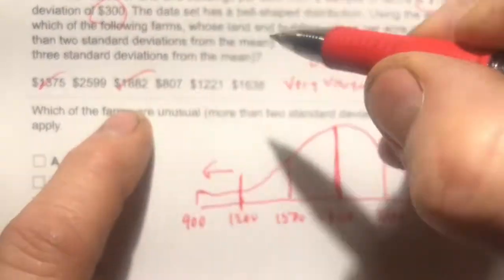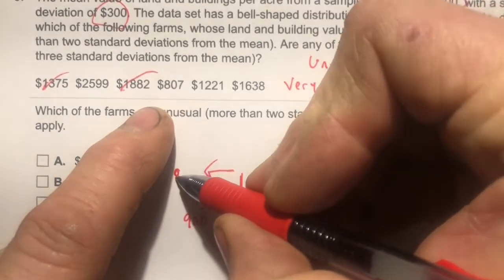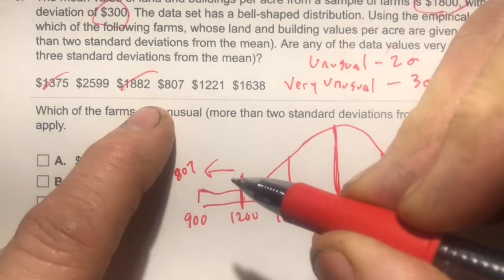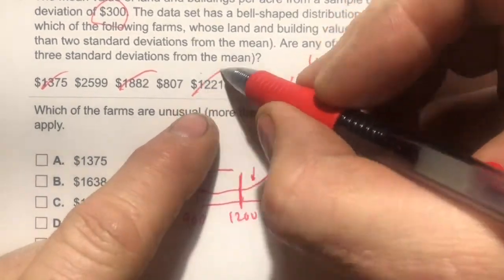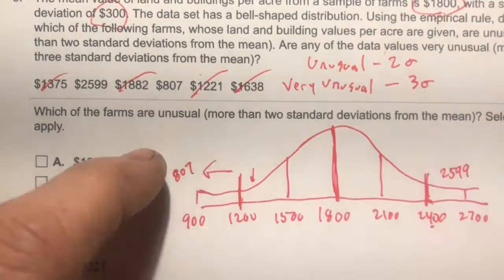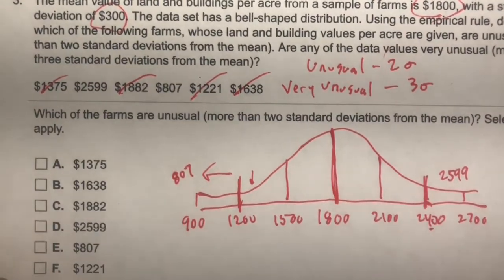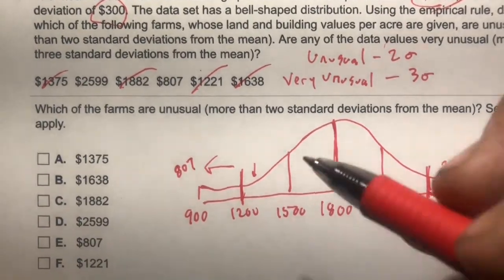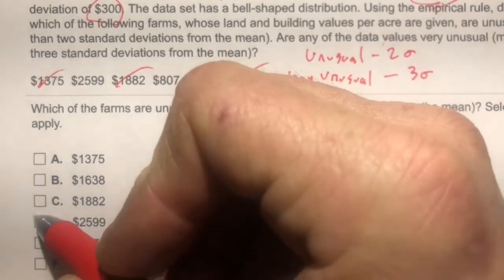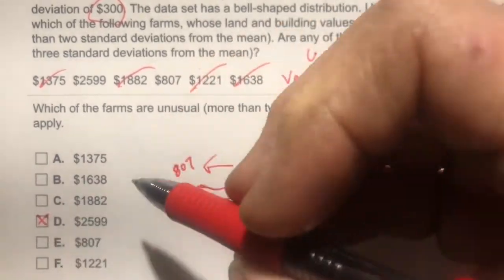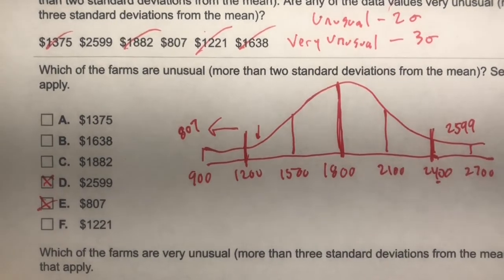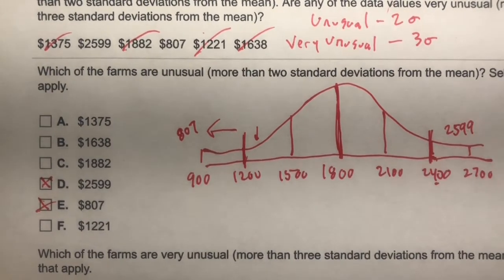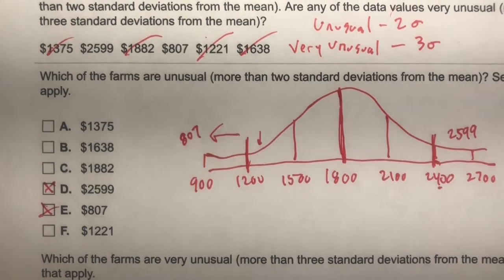That's not in there. 807. Now here's one that's unusual. And then we've got 1221. That's right in here, so that's good. And then 16. So we have two that are unusual. So we've got $25.99 and 807. Those are unusual. Okay, because they're outside of 2 standard deviations.